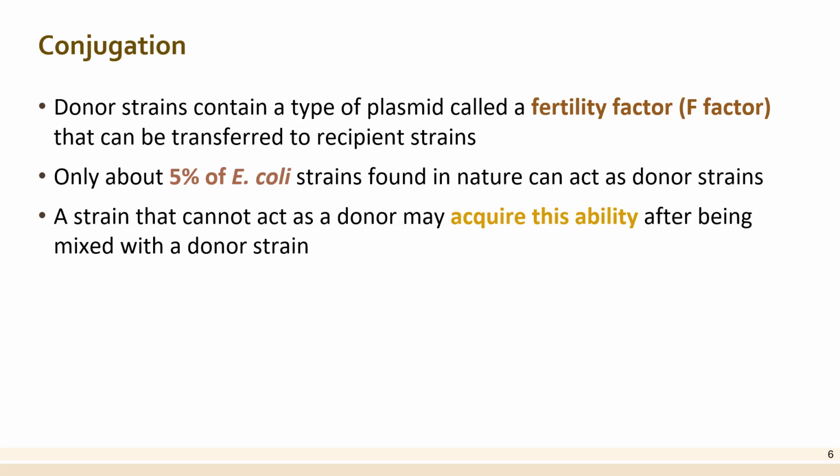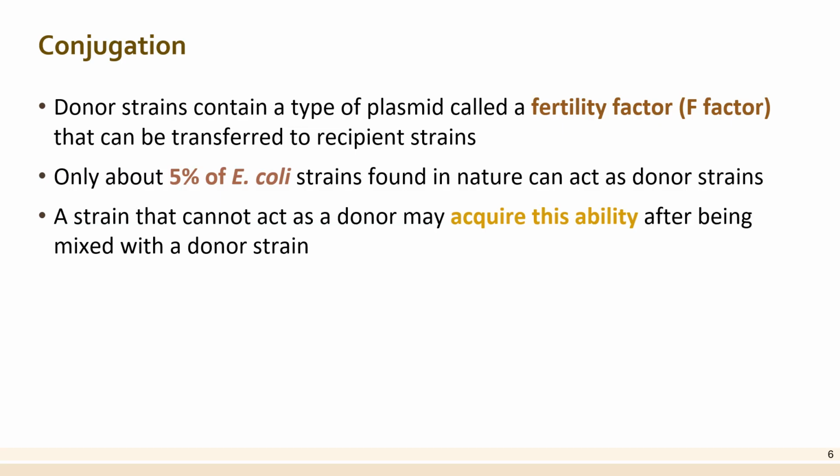That special plasmid is called a fertility factor, and it encodes all of the instructions for making the pilus, moving the DNA across, and then potentially even for replicating the DNA in the recipient cell so that it gets integrated into their genome, or at least maintained as a plasmid.